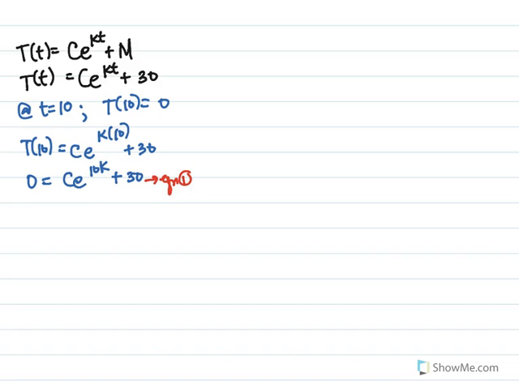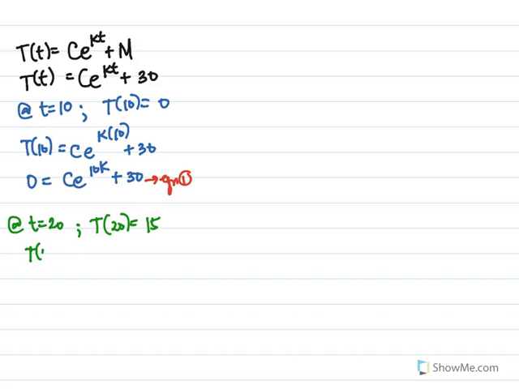Kasi dalawa yung nawawala dyan, C at saka K. So we cannot solve anything pa. We impose the next condition at t equal to 20 minutes. So T of 20 is 15 Fahrenheit.